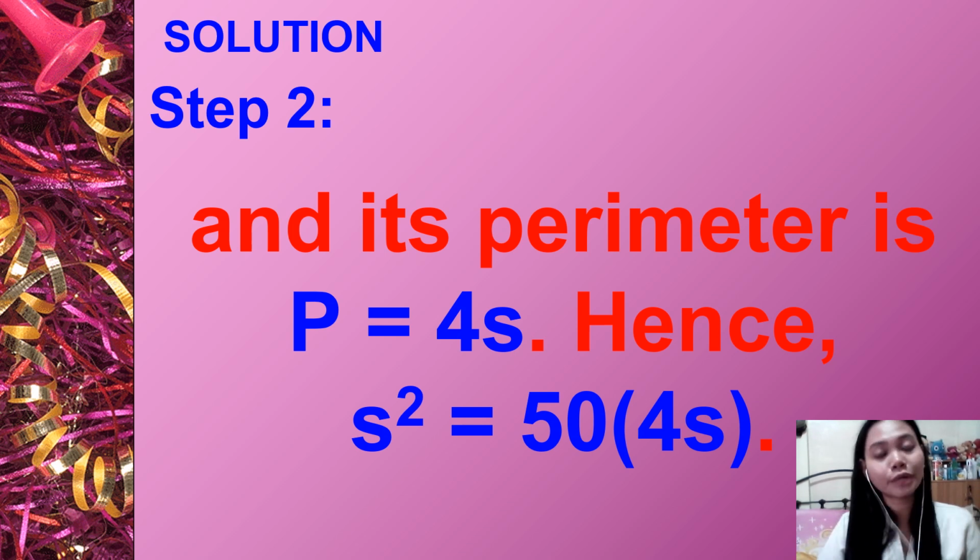So, base dun sa problem kanina, yung area ng square ay numerically equal sa 50 times the perimeter. Ito po ay galing sa ating first statement doon sa ating problem. So, nire-write lang natin yung statement na yun into mathematical expressions. So, again, ang mathematical expression natin ay s squared equals 50 times 4s.